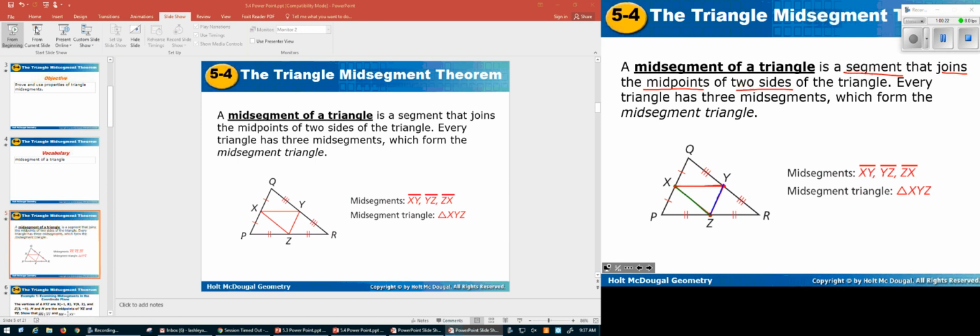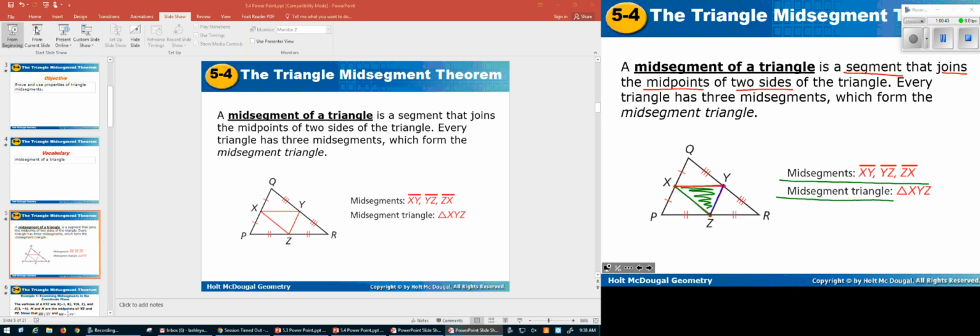So there are 3 mid-segments, and that's what they're showing you here. XY, YZ, and ZX are all mid-segments. And they connect and create this little triangle in the middle, which is called the mid-segment triangle, because it's made by the mid-segments. Is everybody okay with that?